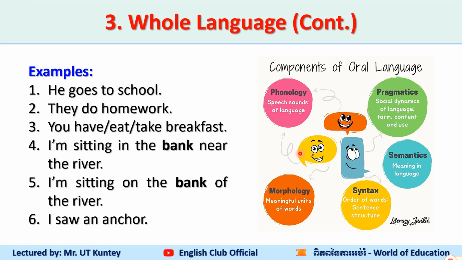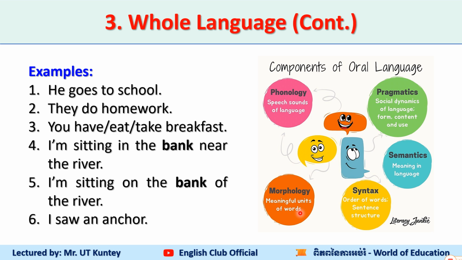When we talk about the whole language, we refer to 5 components. The first one is phonology. When we focus on phonology, we focus on the sound, whatever you speak to your partner or the other learner. Second, morphology.